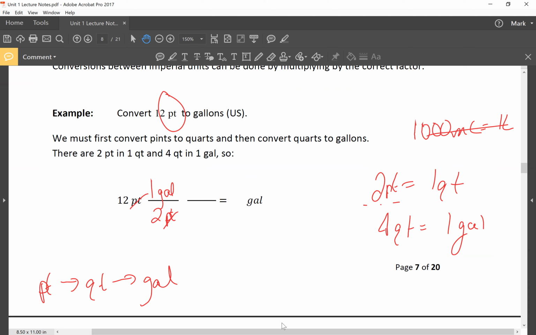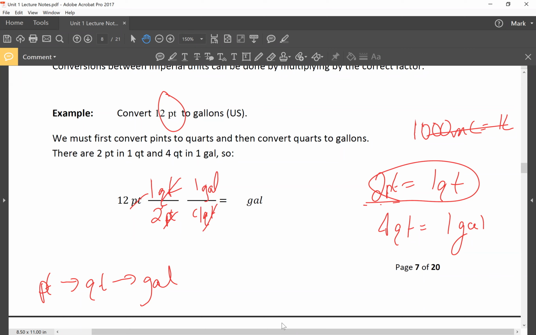And then I want the gallons to cancel. Sorry, not gallons. You can tell my brain isn't with it today. 1 quart is equal to 2 pints. I'll show you a couple more of these, don't worry, once my brain turns on. And then 1 gallon equals 4 quarts. So the quarts will cancel.